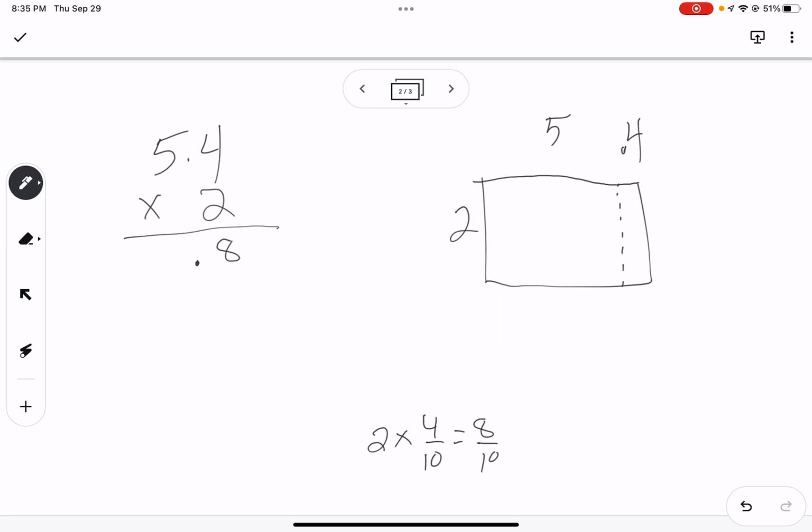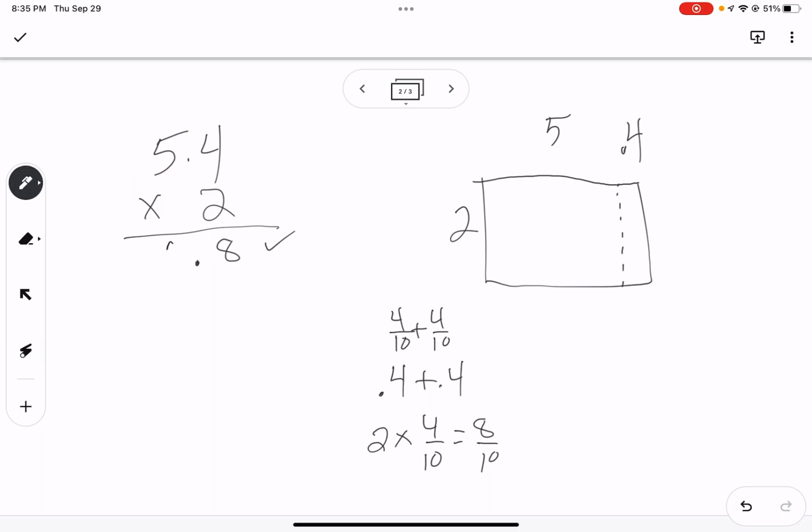But the other way that you can look at this is that I have 2 sets of 4/10, right? Because multiplication is repeated addition. So 0.4 and 0.4, or 4/10 and 4/10, is 8/10. Okay, this means that the only thing that's left is to multiply this 2 times 5, and 2 times 5 we said was 10.